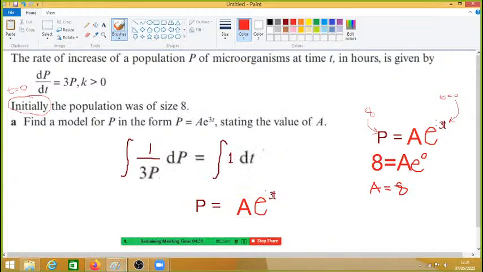A is equal to 8, which means we can finish off the equation now. We can say the final equation is that P is equal to 8 times e to the power 3t.